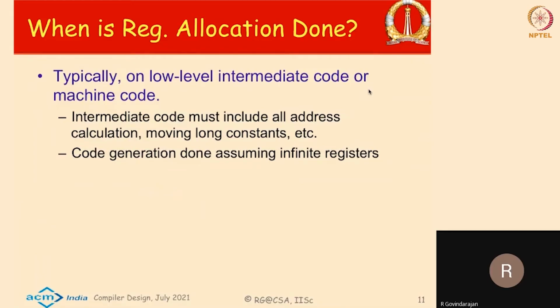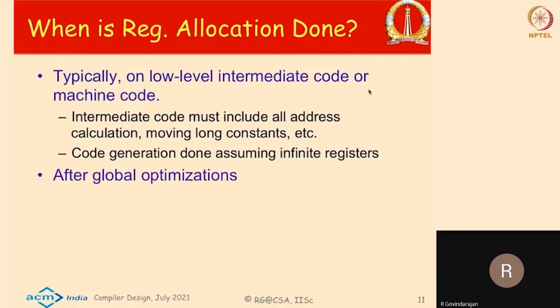So typically it is done after the code generation phase, because the code generation phase assumes infinitely many registers, or what are called temporary registers, or logical registers, or whatever they are called, and the code is generated. So this is done after that.